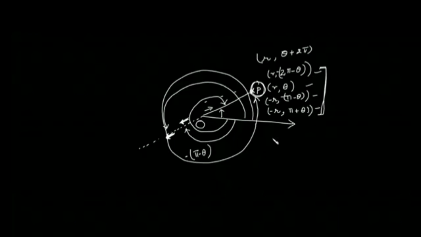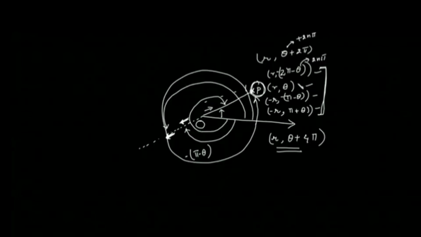Similarly, one can take 2 turns, meaning 4 pi, and then move angle theta, and after covering the distance r, again one can reach the point P. So this is another representation. After taking one turn, two turns, three turns, four turns, and so on, and moving the same angle theta, one can reach the point P. So in theta we can add 2n pi.